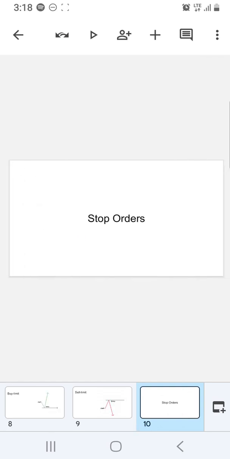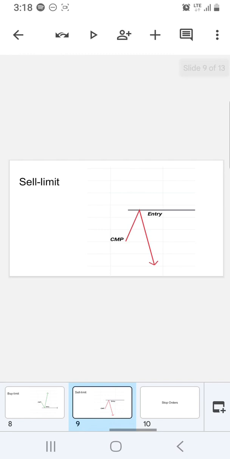Now, stop orders. You're setting a threshold that the market has to cross only once before you are entered into the market. The difference between this and the limit order is that for the limit order, you're expecting the price threshold to be triggered, and then price has to make a U-turn, meaning that in sell limits, the price has to be crossed twice.